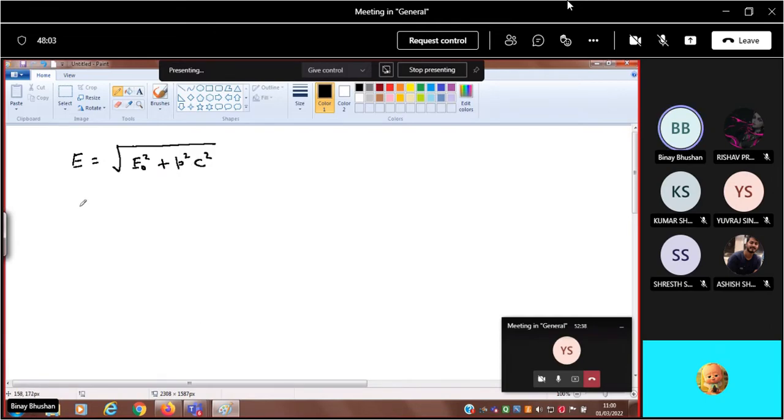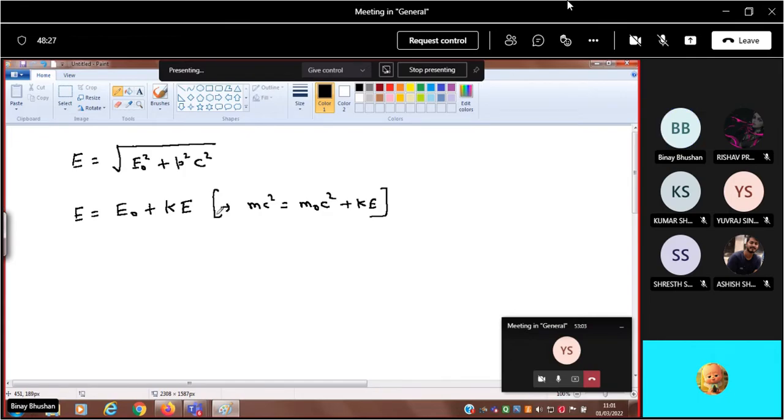And just earlier, we had derived the energy of a moving particle in terms of kinetic energy, given by this. Do you remember? Which formula is this? E equal to mc square, E naught is m naught c square, and this is the kinetic energy which we had derived earlier.